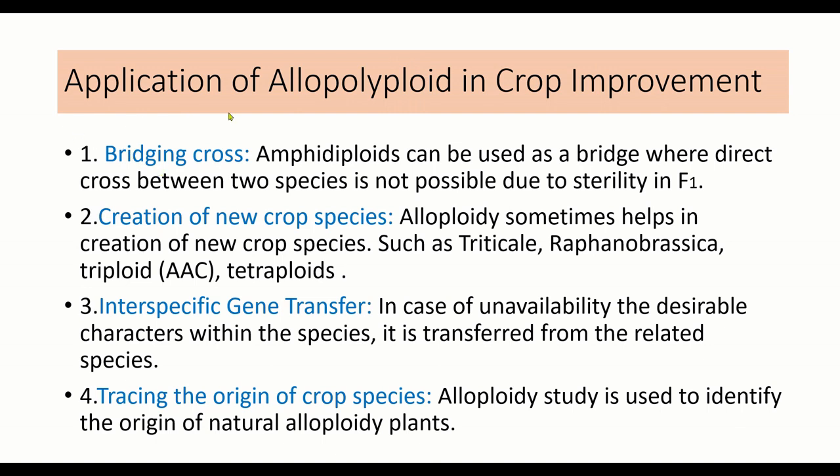Okay, the last thing is application of allopolyploids in crop improvement. First of all, as a bridging of a cross. Say, for example, if you take the hybridization or evolution of wheat, AA is crossed with BB.